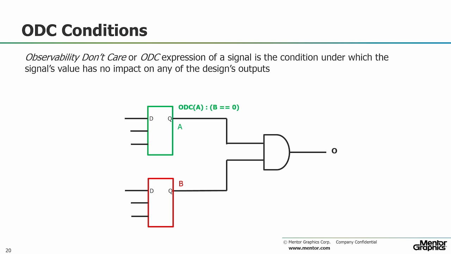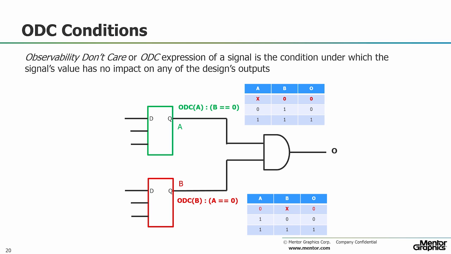This can also be seen from the truth table. Similarly, one can compute the ODC condition for signal B from the truth table. The ODC condition for the signal B would be A equal to 0.